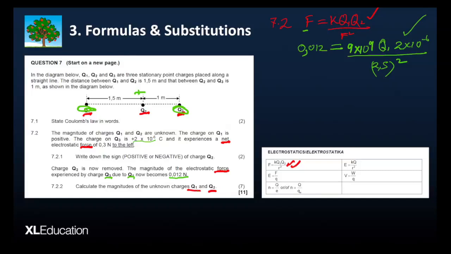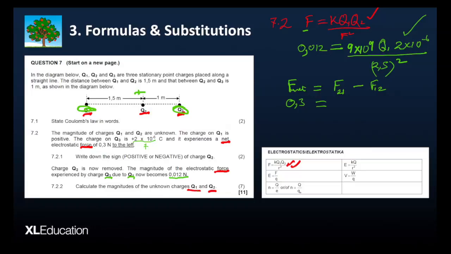Then the part 2 of the question now. You are given your net force, which should be given by the force of charge 2 on charge 1. We subtract the force of charge 1 on charge 2. Now, the net force is given here, that is 0.3. Let's take left as positive. Now, this is equal to force of 2 on 1.